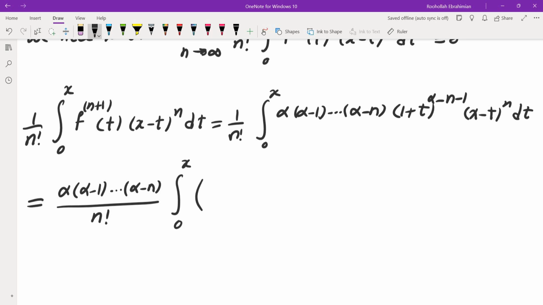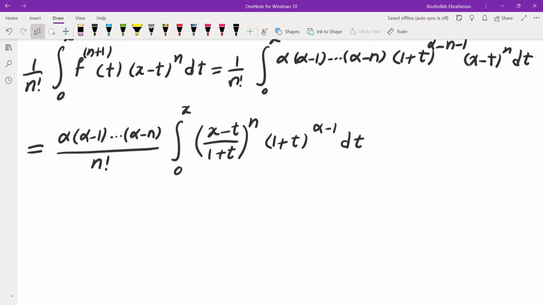I'll rewrite the rest of it as well: (x−t) over (1+t) to the power of n, and then there's a (1+t) to the power of α−1 dt. So this is what we get. Now, notice that this constant doesn't depend on x. That's why I could take it out. I will have to show this whole thing goes to 0.